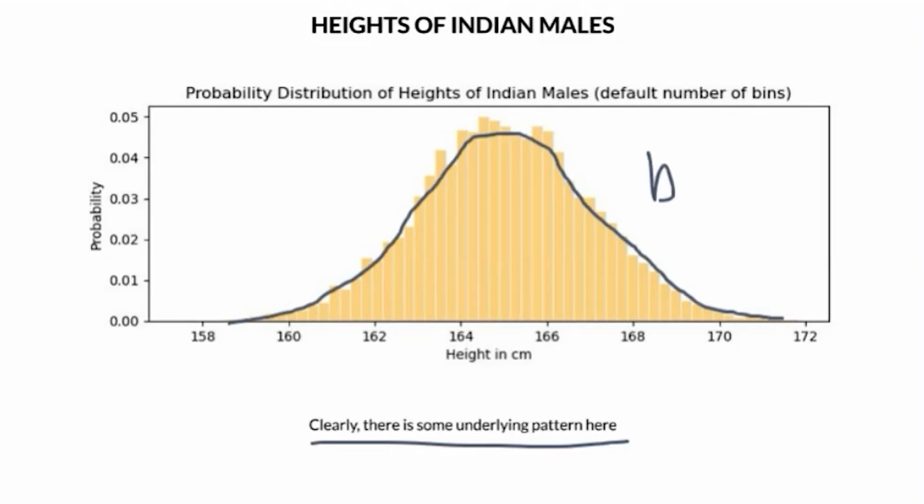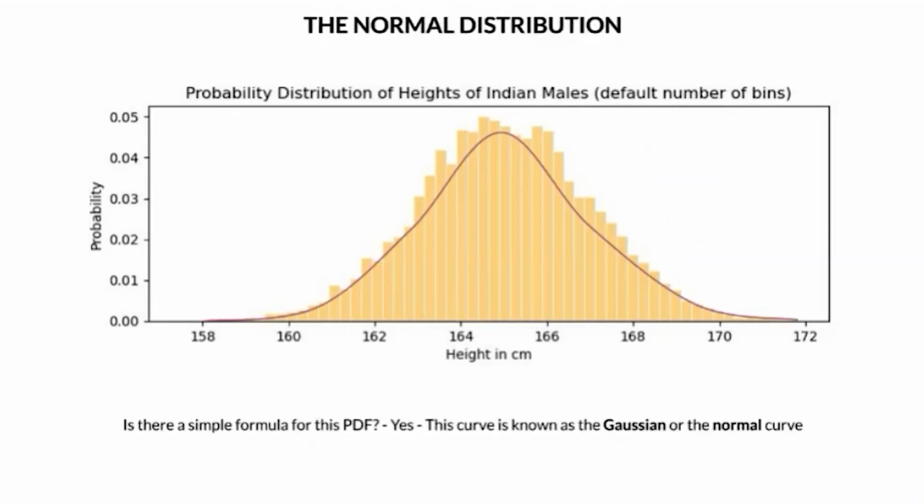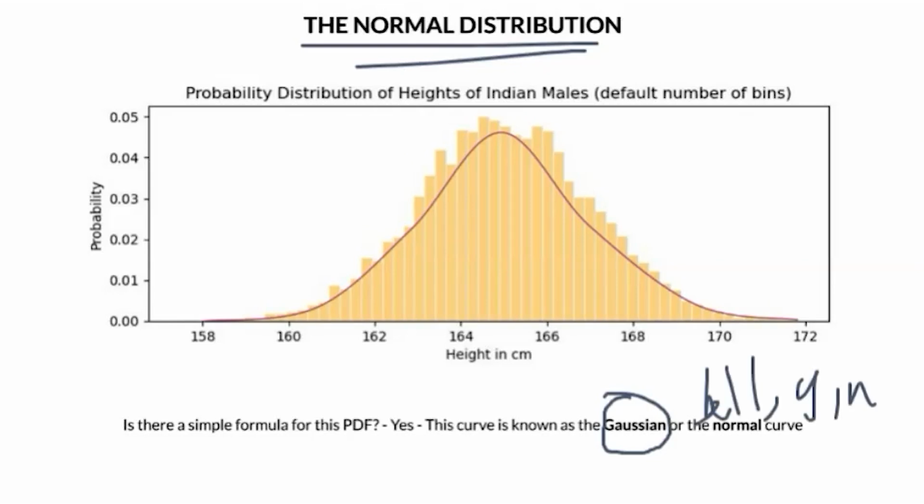This is generally called the bell curve. So what is that pattern? It's called the normal curve or the normal distribution. The other name for it is the Gaussian curve or the Gaussian distribution. It has many names, bell curve, Gaussian curve, normal curve, because it's a very famous, popular and important distribution.